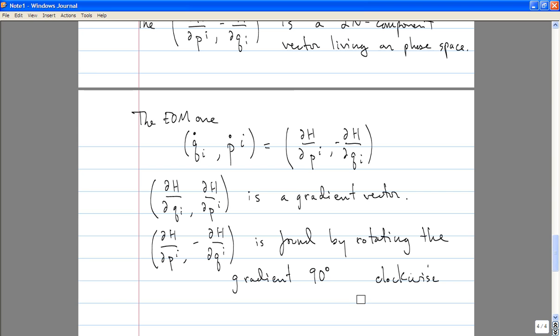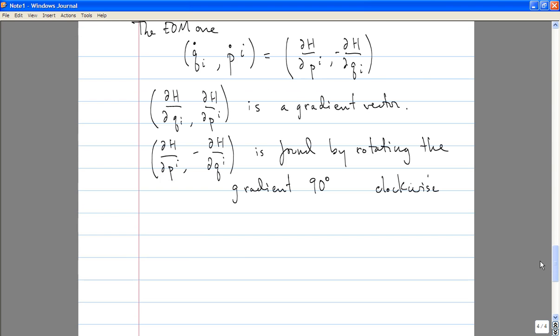So if we wanted a picture in our mind to keep in mind when we think about the Hamiltonian flow of the system, you could imagine your phase space. We could imagine our phase space as some two-dimensional space.